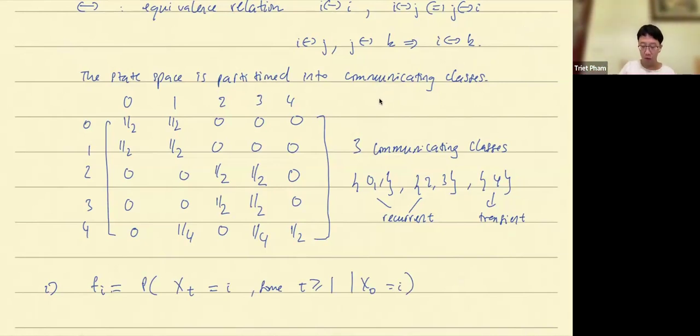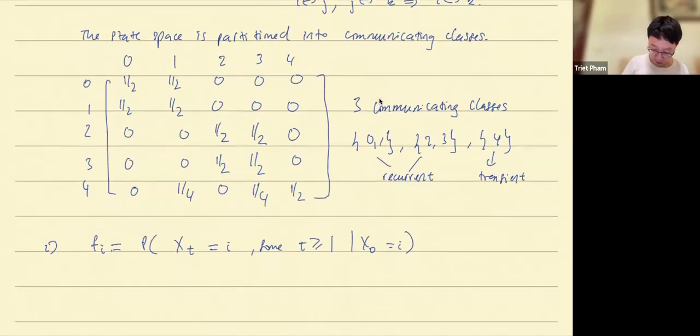And if you're guaranteed to return to the state, then by definition, state I is recurrent if you're guaranteed to return to that state, starting there.